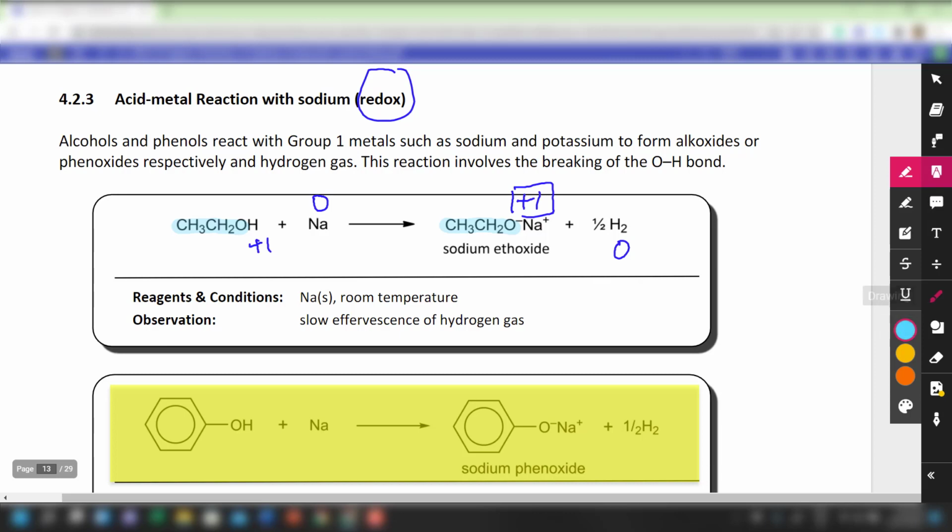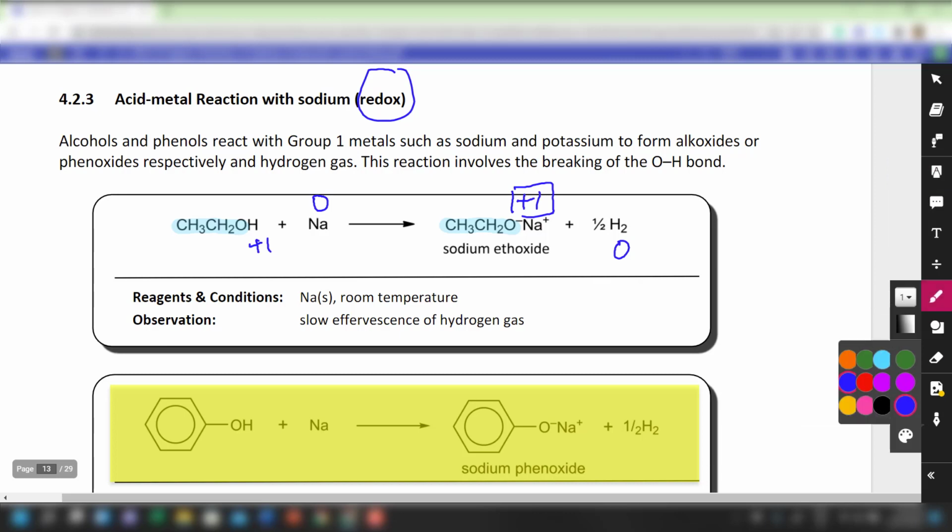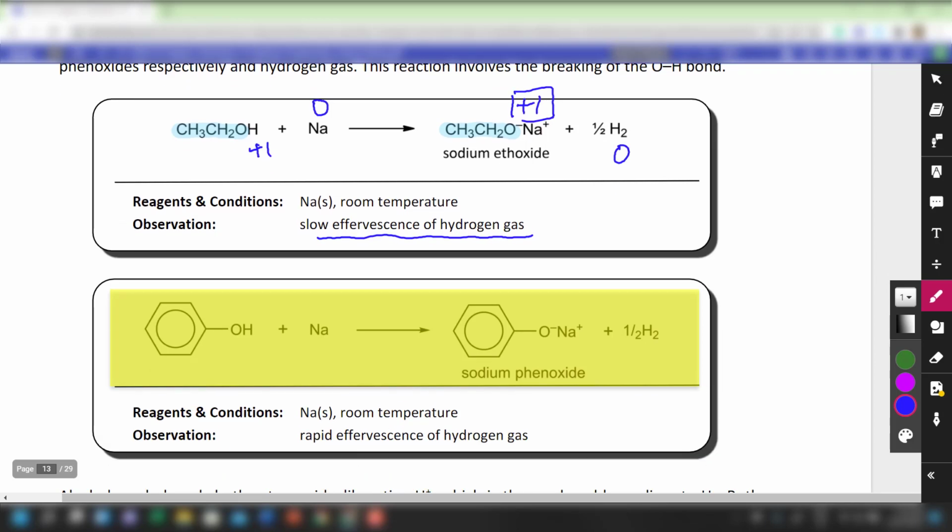Please take note of the condition: sodium, room temperature. Usually you simply cut a piece of sodium and dump it into the alcohol to produce ethoxide. You will observe slow effervescence of hydrogen gas. You can easily test it with a burning splint.